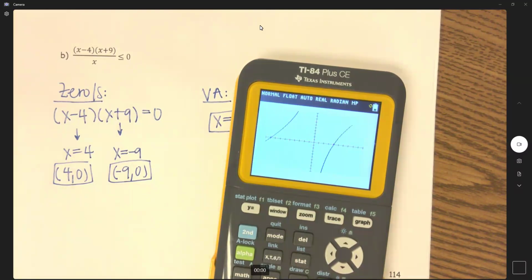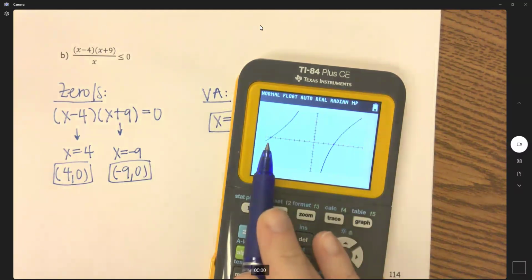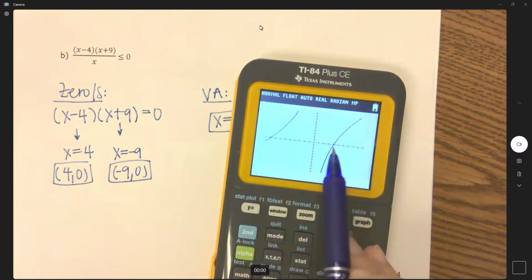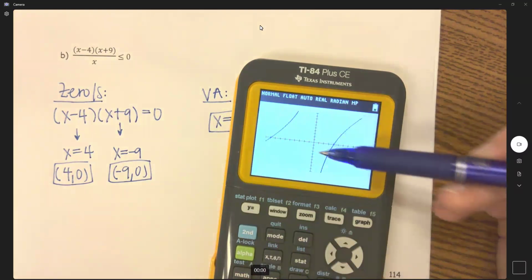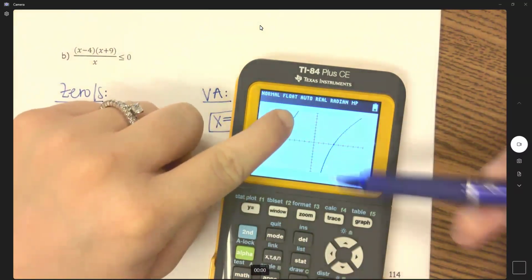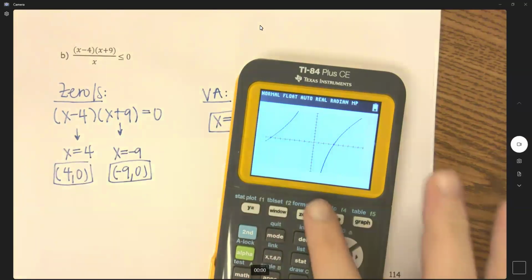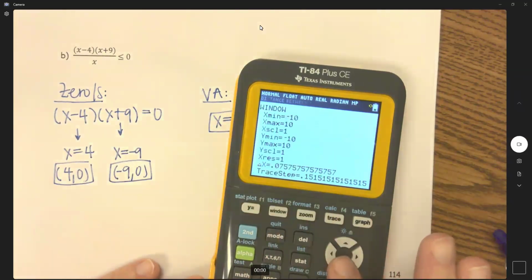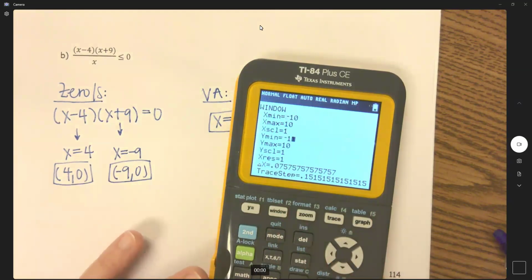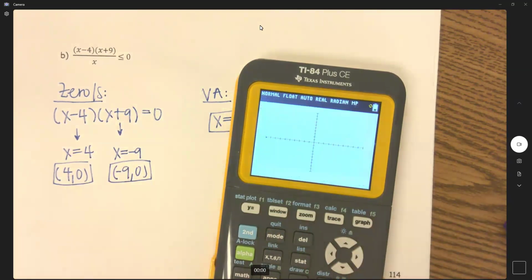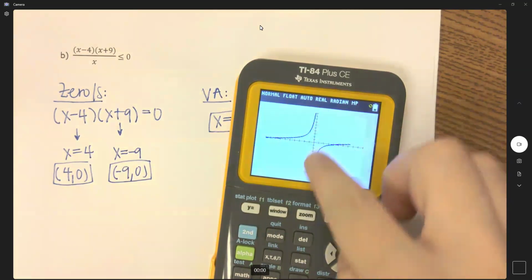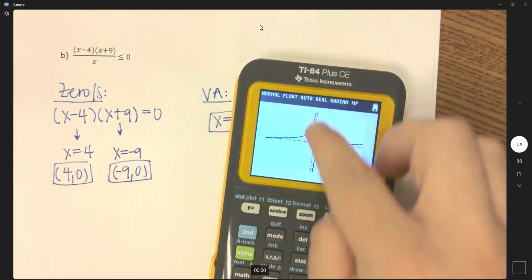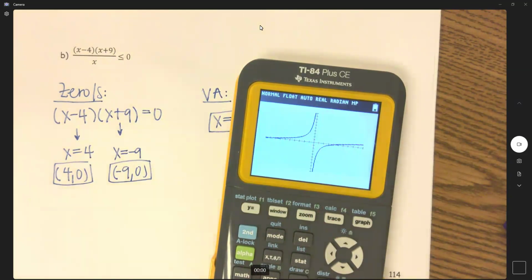All right. So you can see it's crossing right here at -9, crossing right here at 4. I don't see that vertical asymptote, and right now it looks like they're pretty far from it, but if we zoom out a little bit more, if I change my y's to -100 to 100, we can see that x equals 0 vertical asymptote a little bit more clearly when we zoom out a little bit.